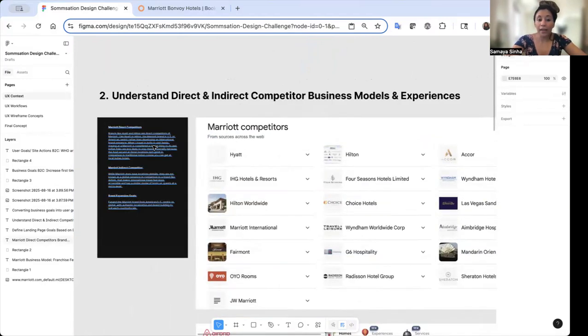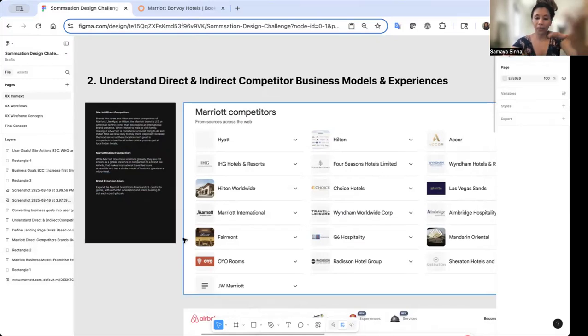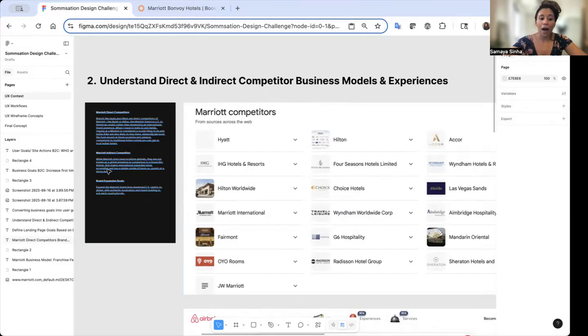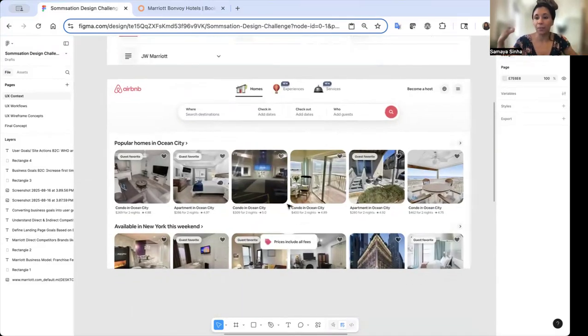I then started looking into both direct and indirect competitors. Marriott's direct competitors that have similar business models include brands like Hyatt and Hilton, and a couple of other brands that you see here. But I also wanted to think about the indirect competitors, the main one being Airbnb, where hosts are under the Airbnb brand, and Airbnb doesn't really own any properties.